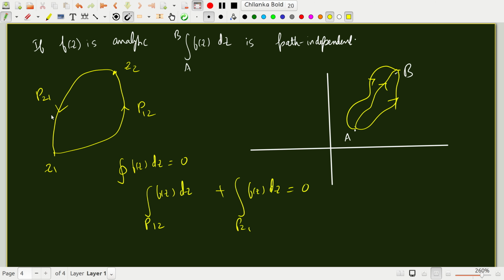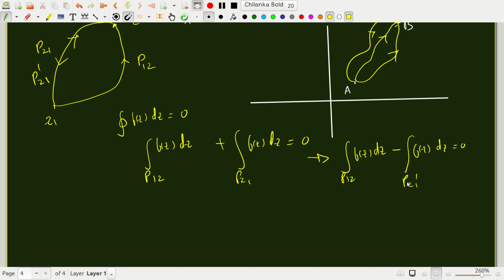But p21 is the reverse of p12. That is, I can exactly change the direction. So if I change p21 to p12 prime, the same path but with changed direction, this will imply that integral over p12 f of z dz minus integral over p12 prime f of z dz is 0.